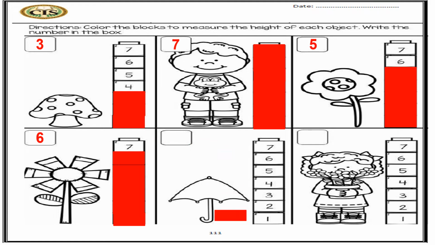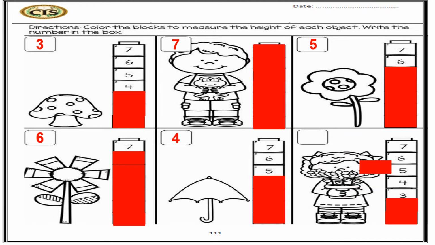Object number 5, 1, 2, 3, 4. So its height is 4 blocks. The last object, 1, 2, 3, 4, 5, 6. Its height is 6 blocks.